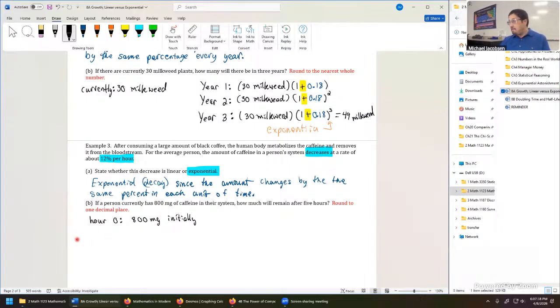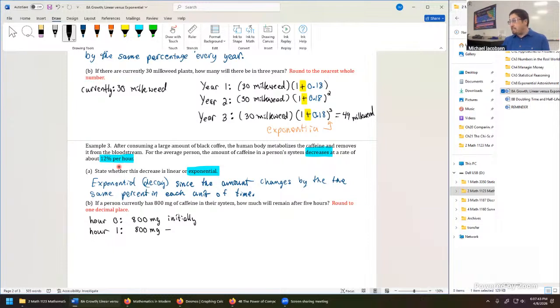Then hour 1 goes by. And we're going to assume that this, although it's an average, is exactly correct for the person in question, so the amount of 800 has to decrease by 12%. We could write that using basic principles. It's decreasing, so this time we're subtracting.